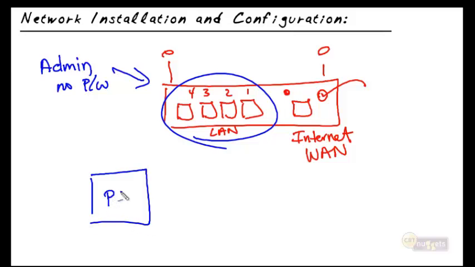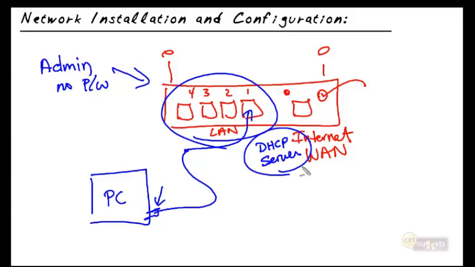So for my PC that we're sitting at, I've got my network interface card, and I've got a physical cable that we're about to plug in to port number 1. Once we plug into port number 1, and if we enable this interface, this D-Link is acting as a DHCP server. And the cool thing about that is it'll automatically hand us an IP address, and it will also tell us what its IP address is by default. So there's going to be a default address.